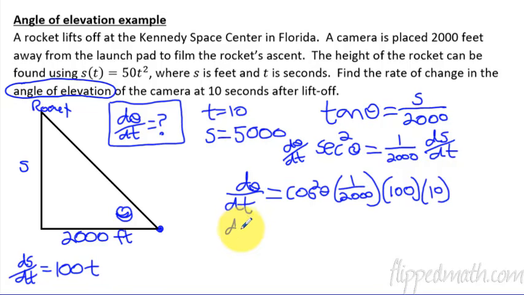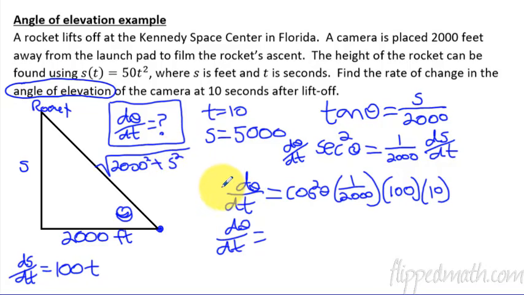Okay, next step, d theta dt. What is cosine? Cosine is, remember, adjacent over hypotenuse. So if we have the adjacent, which is 2000, over hypotenuse, we've got to know what the hypotenuse is. If we use the Pythagorean Theorem, it is the square root of 2000 squared plus s squared.